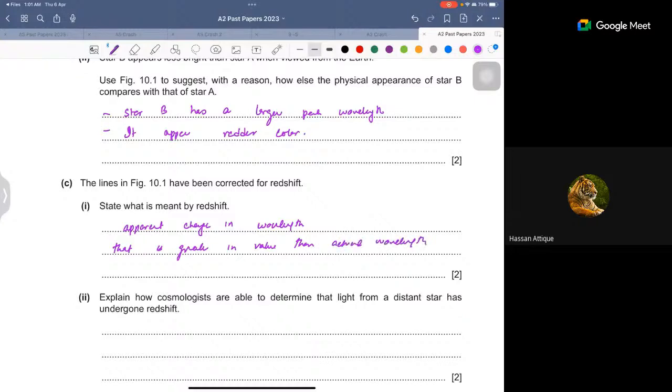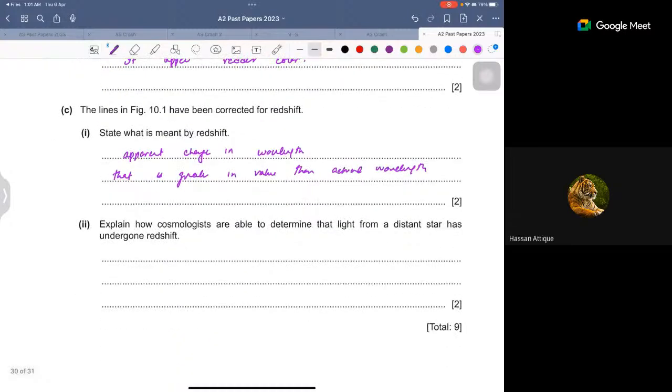So that means it is shifted towards the red end. I said that the observed wavelength is greater than the known wavelength because the star is moving away. Yeah, that's perfectly okay.